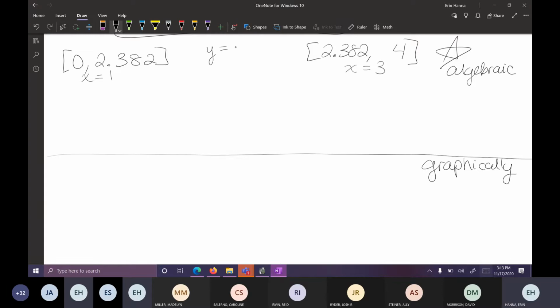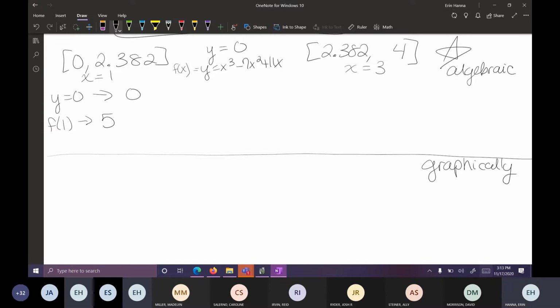The two functions we're working with are y equals 0 and y equals x cubed minus 7x squared plus 11x. So I take x equals 1 and plug it into both functions. There's nowhere to plug an x into y equals 0. It just always gives you 0. But then, can I name this f of x? When I plug that value of 1 into the x cubed function, I get 5.